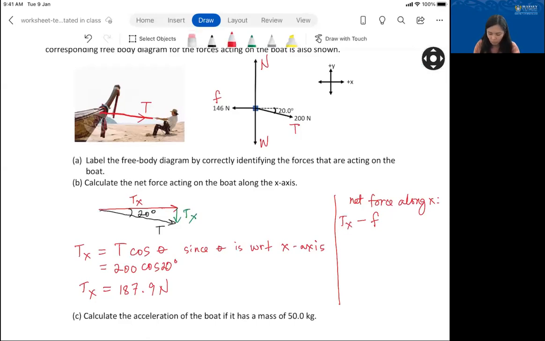So you have 187.9 minus 146 will give you 41.9 newtons. Let me just quickly check that. 187.9 minus 146, yeah, 41.9 newtons for the net force along the x.